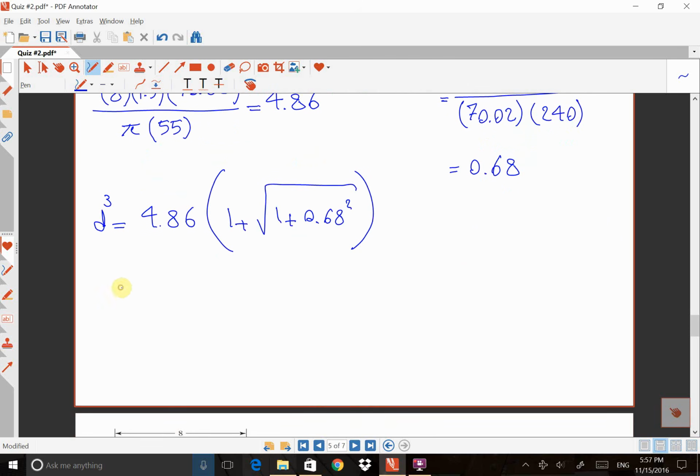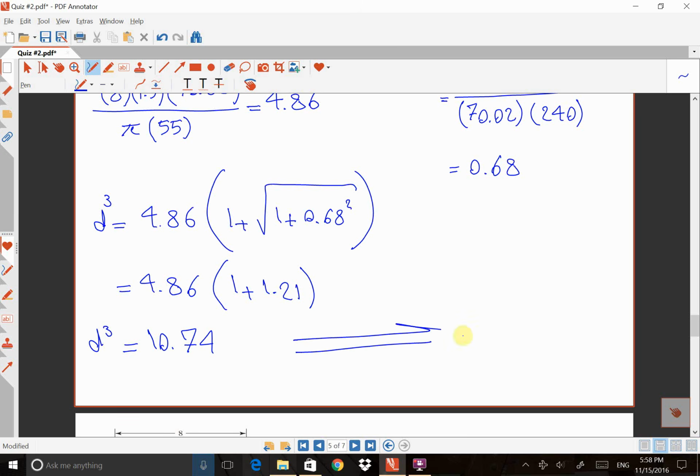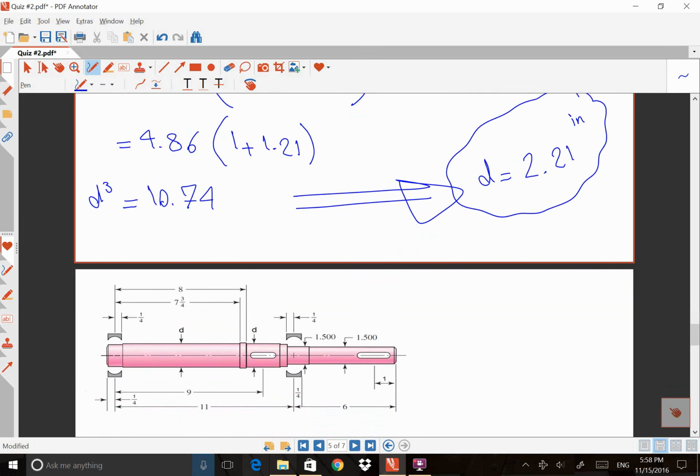So it will be 486, and that integral, the result will be 1.25, so that will be 1074, and that's d cubed. So the diameter will be 2.21 inches. Okay.